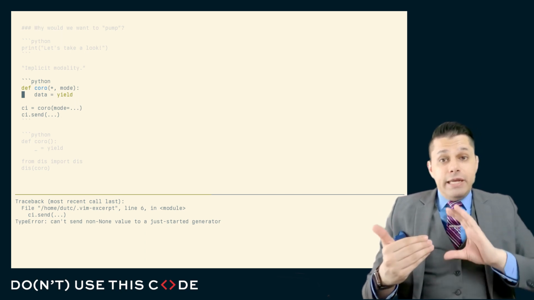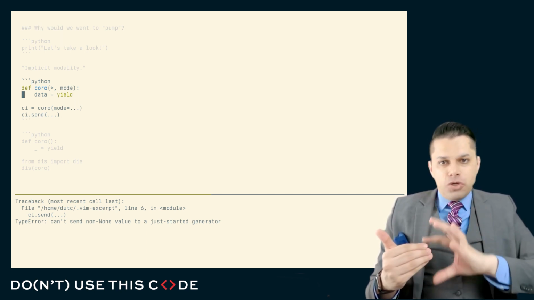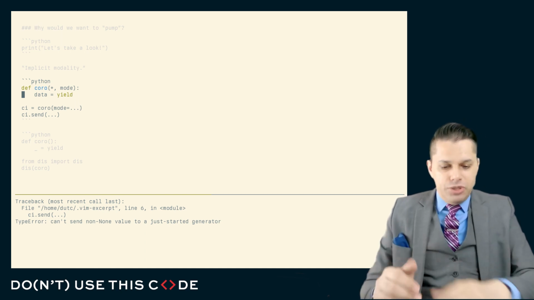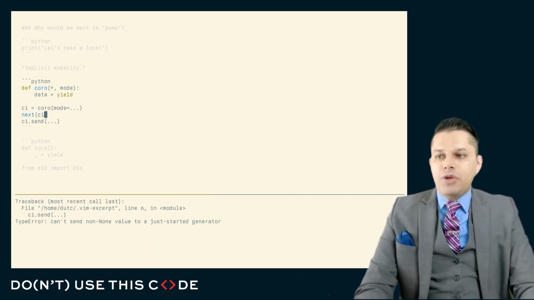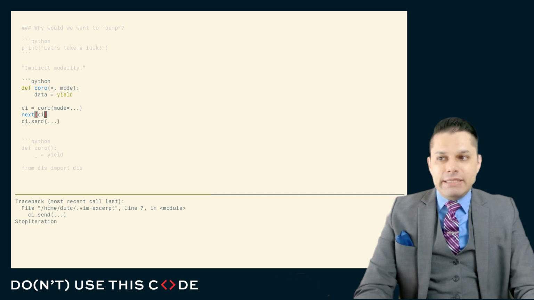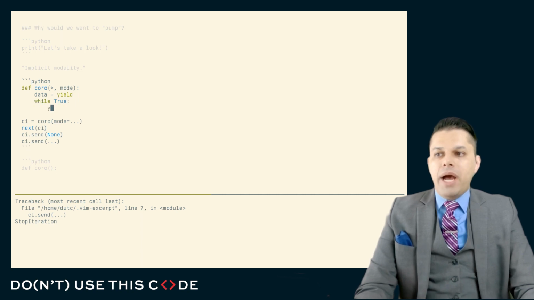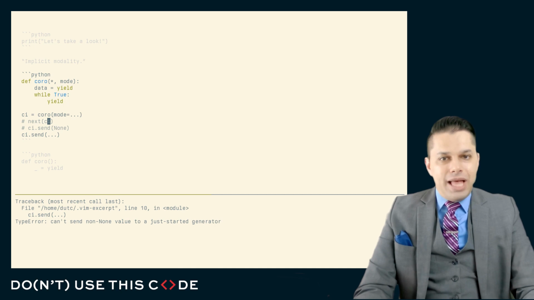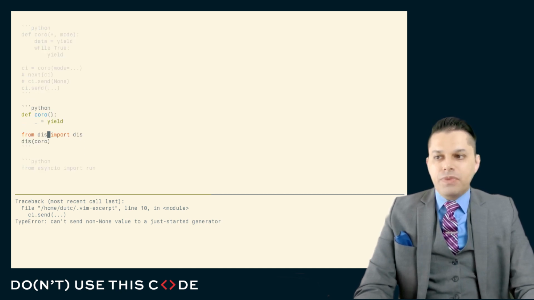And what we can see here is there's a modality. The first time we do something, it's slightly different, and every other subsequent time we do something, it's the same. In other words, we have to put a next here or a ci.send(None) at the very beginning, but ever after, we can do whatever we want. There's something special happening in that first step.